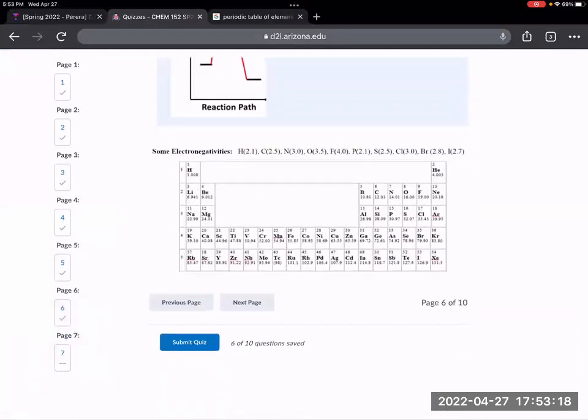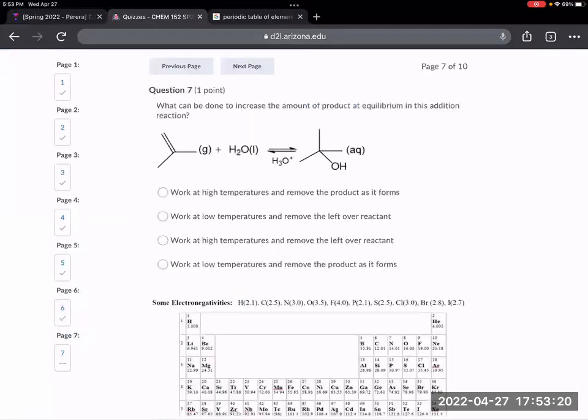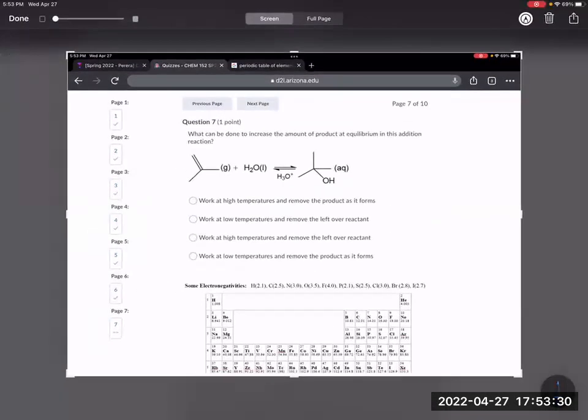All right, moving on to question 7. What can be done to increase the amount of product at equilibrium in this reaction? So you want to increase the product, and the only options we have are playing with the temperature and removing or adding products or reactants. Let's think about the temperature first.